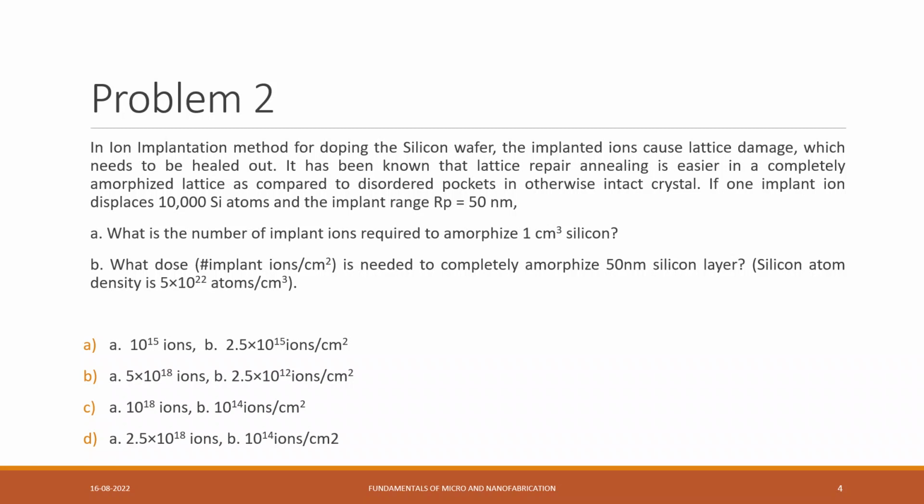If one implant ion displaces 10,000 silicon atoms and the implant range is 50 nanometer, we have to calculate the number of implant ions required to amorphize 1 centimeter cube of silicon. The second question is what is the dose to amorphize a 50 nanometer silicon layer. The density of silicon atoms is given.